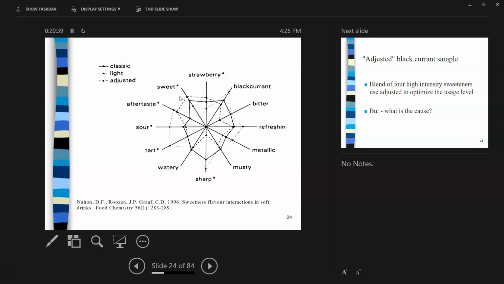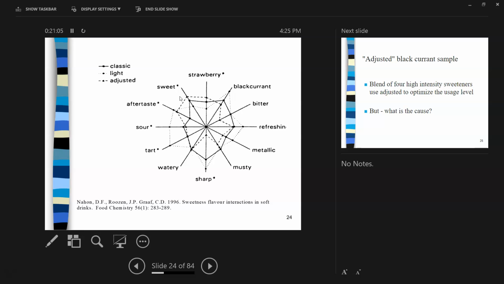Here is the full sugar beverage in terms of a spider plot of sensory properties. And here's the light one, with a single high potency sweetener, quite different than the sugar sweetener. Then they said, okay, let's use some blend of them. And the blend of 4 gave them this, which is more similar.